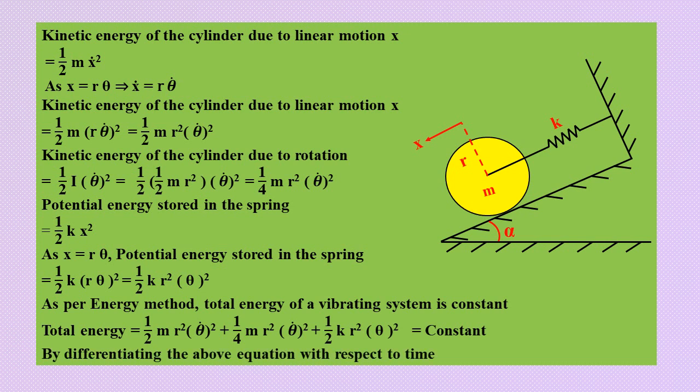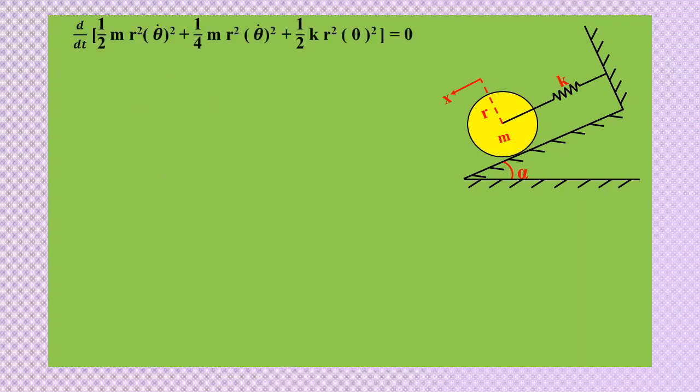By differentiating the above equation with respect to time, d by dt of 1 by 2 m r square theta dot square plus 1 by 4 m r square theta dot square plus 1 by 2 k r square theta square equal to 0.